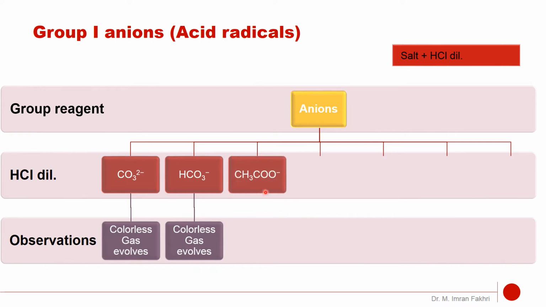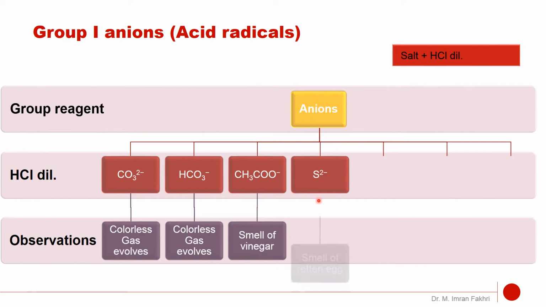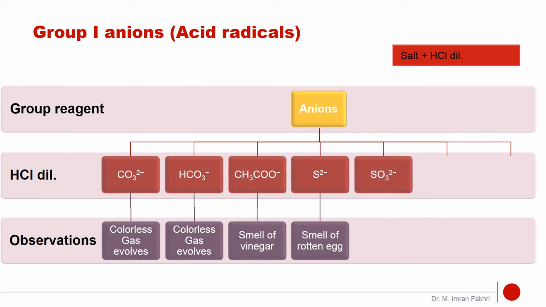If acetate ion is present in the given salt, by the addition of dilute HCl, we are going to observe the smell of vinegar. For sulfide, if the sulfide ion is present in our given salt, then a rotten egg like smell is observed. And similarly, some other observations can also take place.